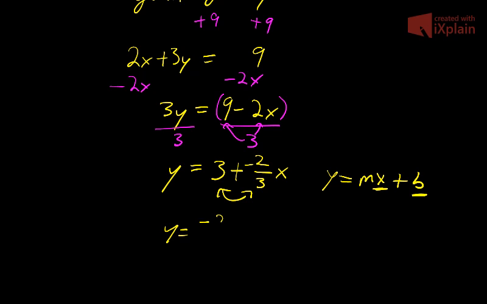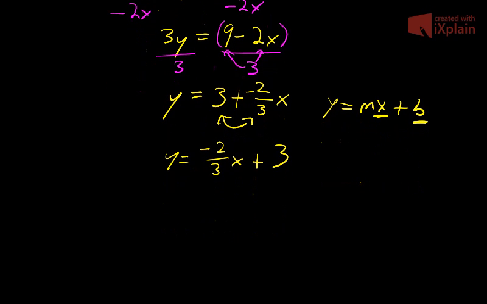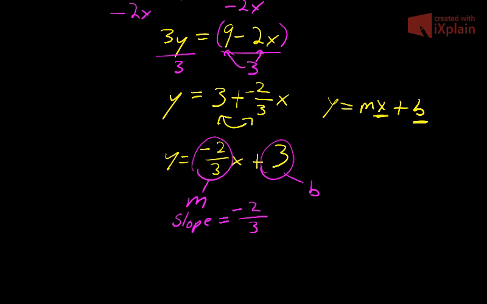I get negative 2/3 x plus 3. So then from here I can tell that my m, or my slope, is equal to negative 2/3, and this right here is my b, so my intercept is equal to 3, and that's going to be the y-intercept.